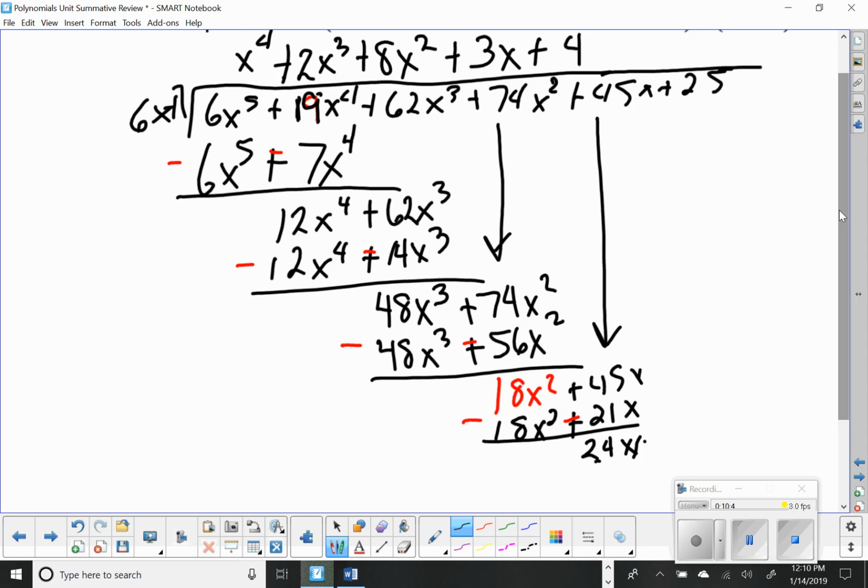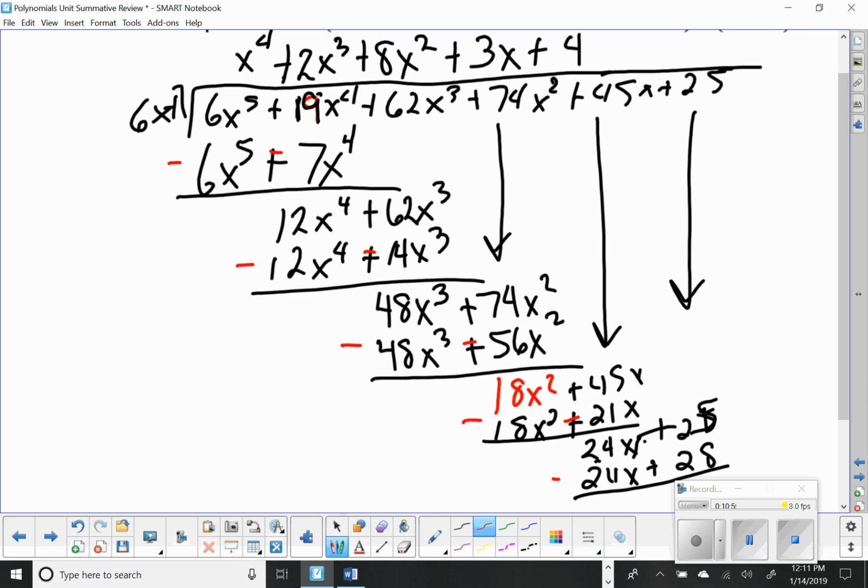All right, so then I'm going to bring down the 25. 4 times the 6 is 24x. 4 times the 7 is 28. That's 25. And then when I subtract, I'm going to get -3.